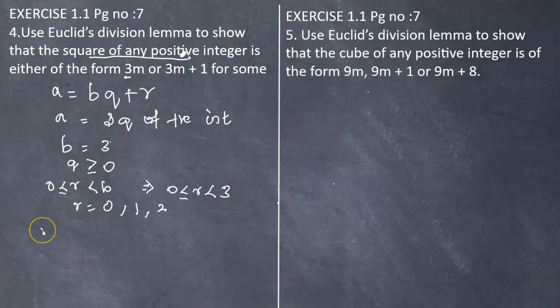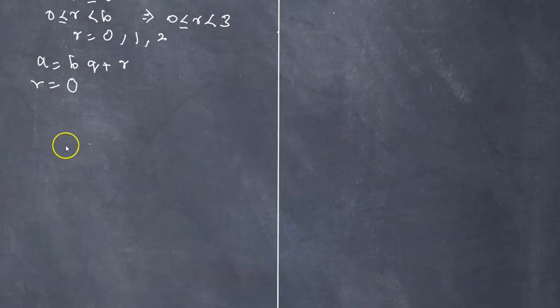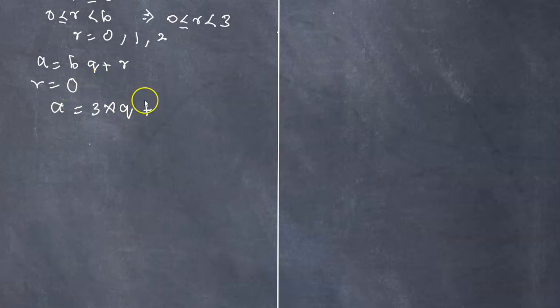So a equals bq plus r. First we'll substitute r equals 0. So a equals, b value is 3 into q value is q plus r is 0, which means a equals 3q.